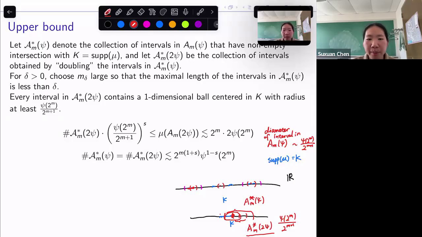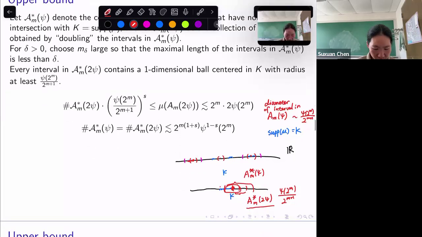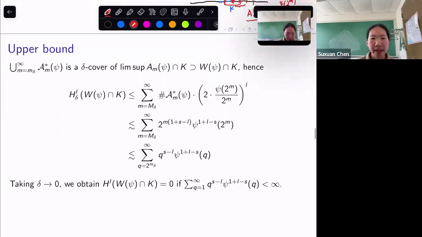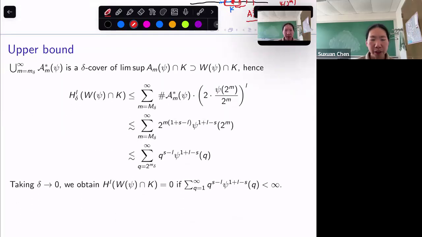And so with this, we are able to estimate the cardinality of A_m^ψ, because A_m^{2ψ} is obtained by doubling the intervals in A_m^ψ. So they have the same radius, and then from the above, we can get an estimate of the cardinality, which is this value. And with the obtained value, we are able to give an upper bound.